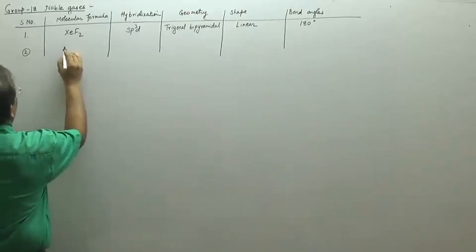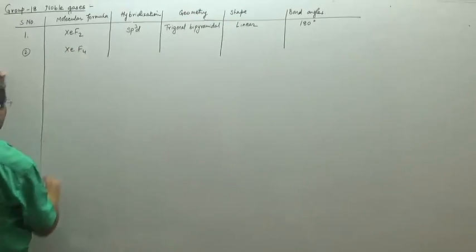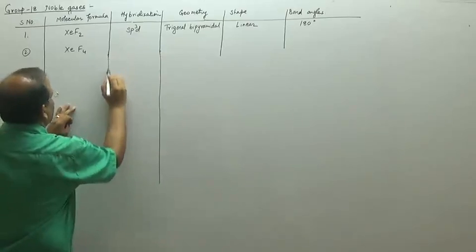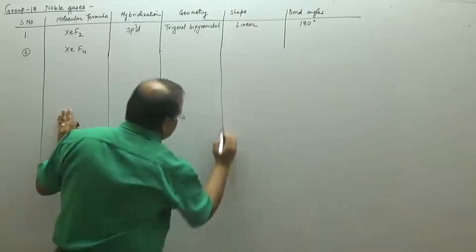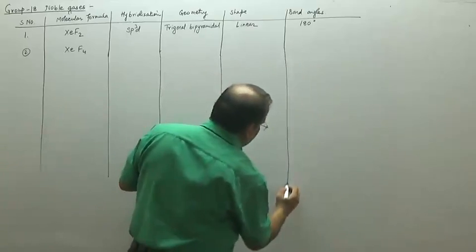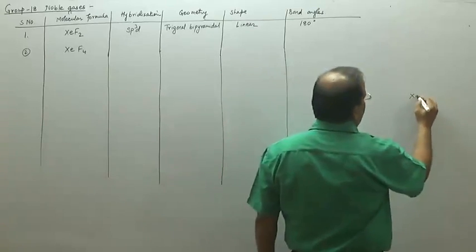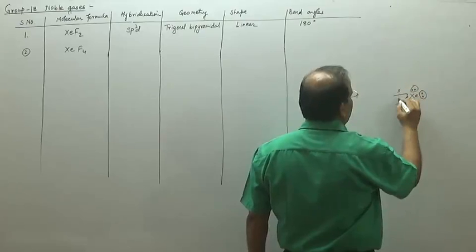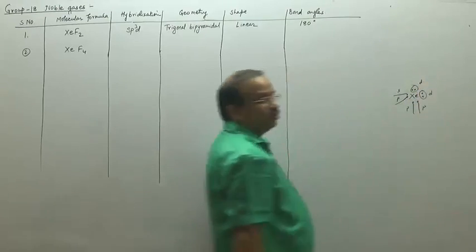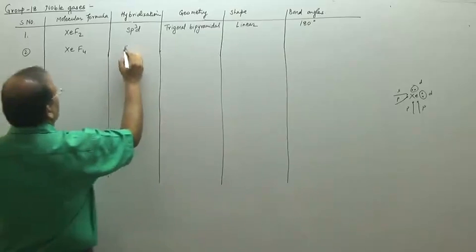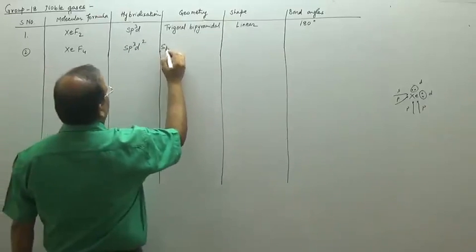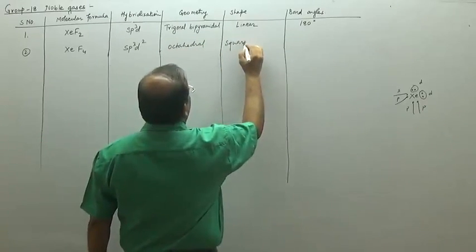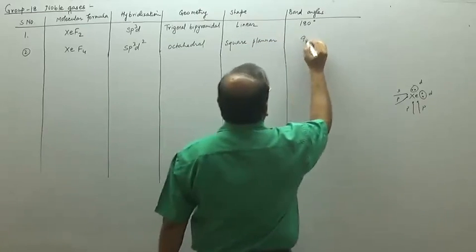Next I can write HCF4. HCF4 has 8 valence electrons, 4 are bonded with single bonds, and 2 lone pairs, so sp3d2. The geometry is octahedral and the shape is square planar, with 90 degree bond angles.